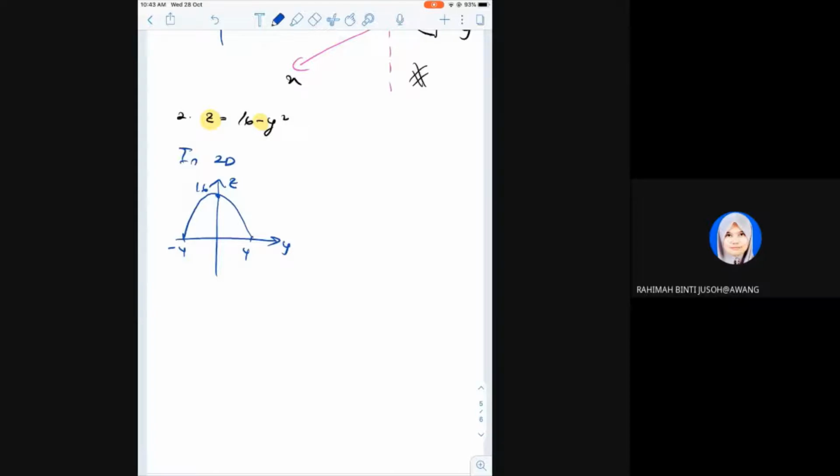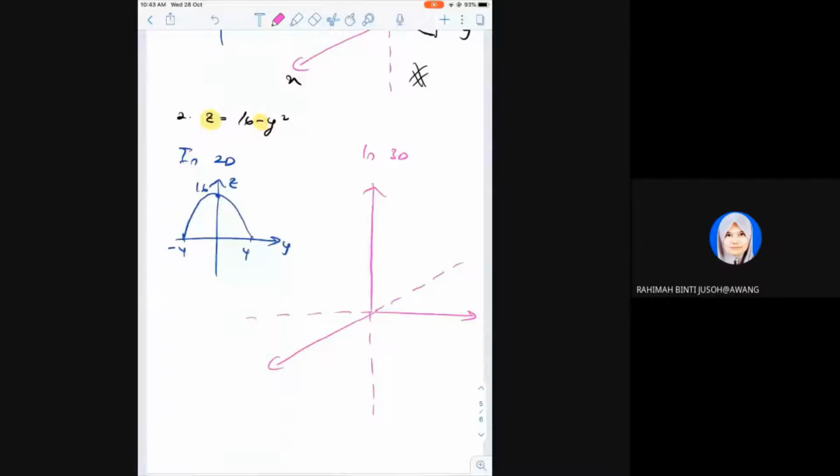Okay, so now let us transform this graph into 3D. All right.